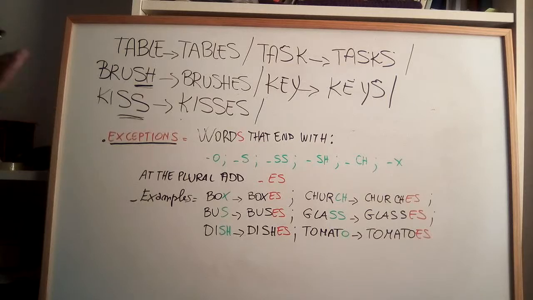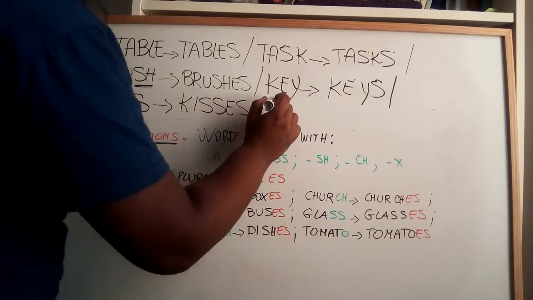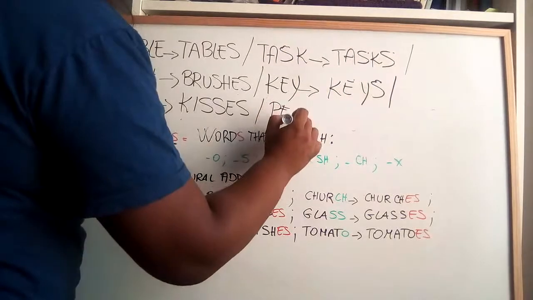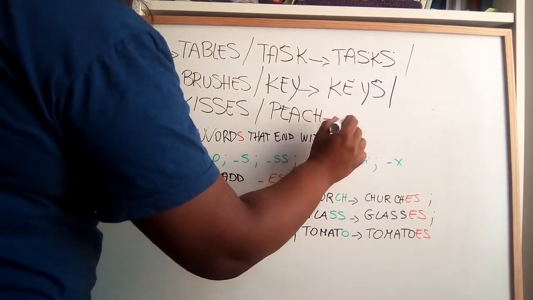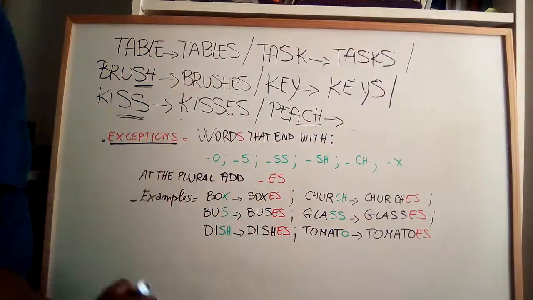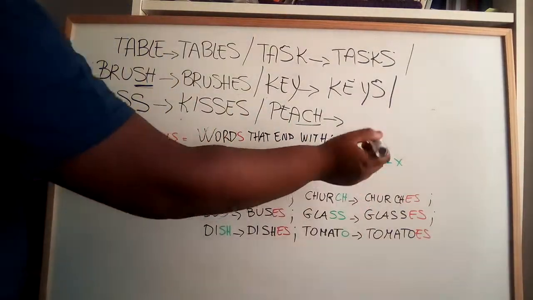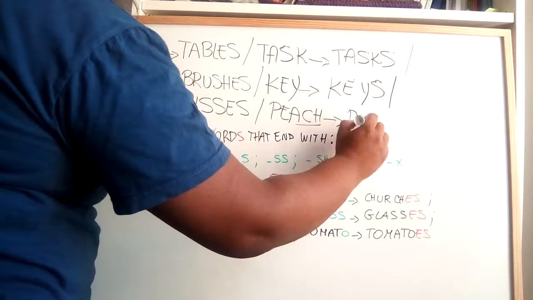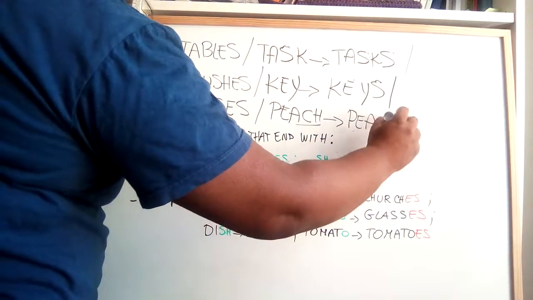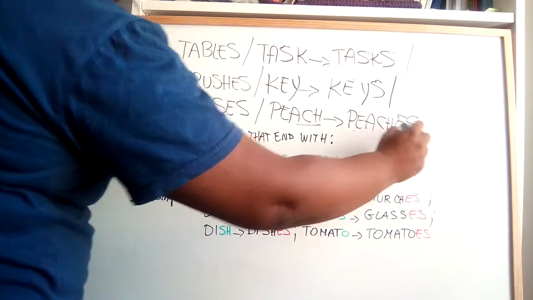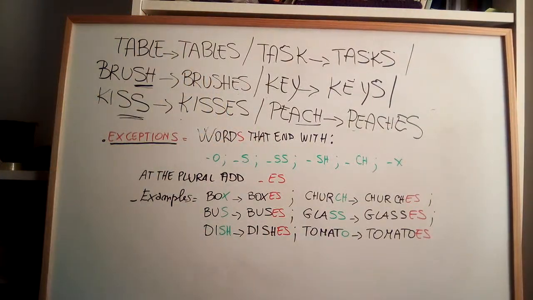So let's do the last one. Peach is the fruit. We have ch, so peaches. Peaches. We have es. Okay? It's simple as that.